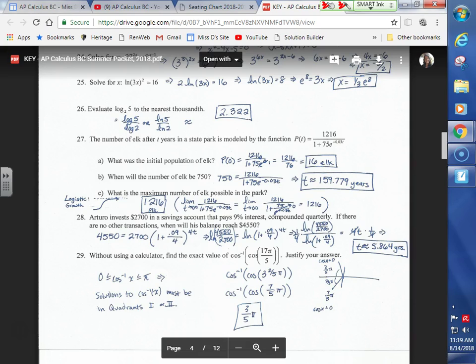But back in the olden days, or if you needed to simplify it and they weren't asking for a decimal, because they could have asked you to simplify it, or they could have made it match something weird. I was just reminding you of the change of base formula, which is log base a of b is equal to log base c of b over log base c of a. That's what that is. But you're right, your calculators didn't need that. And it was a calculator problem. But there you go.